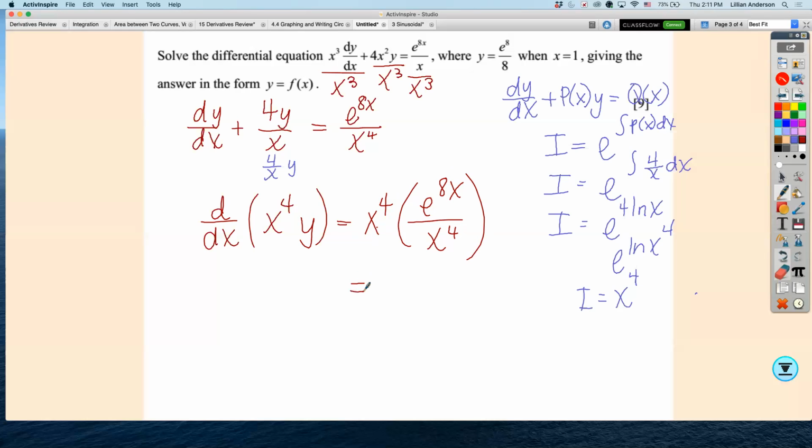They cancel out. So I really just have e to the 8x over here. And then what about the left side? You've got to do something with that d over dx. What do I need to do?